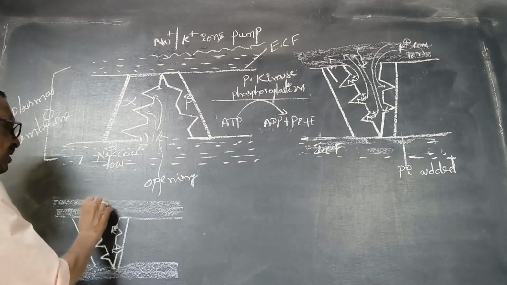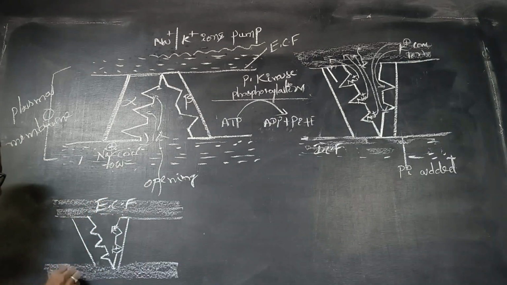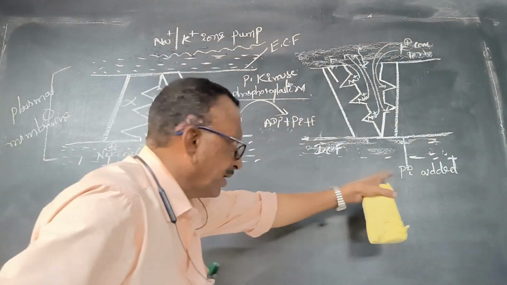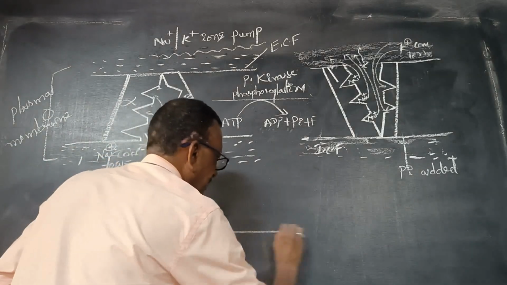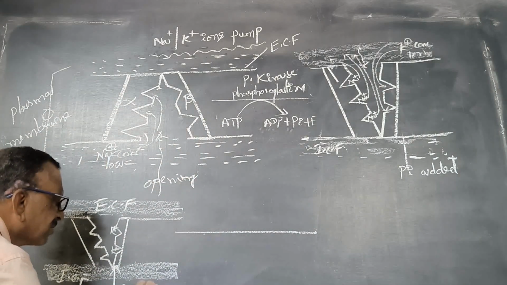So this is extracellular fluid, and this one is intracellular fluid. And beta is having inorganic phosphate, Pi. Now what happens in the next process? Pi is removed.